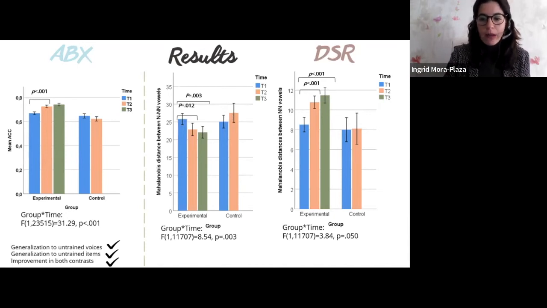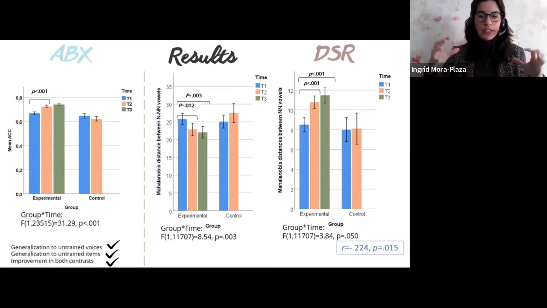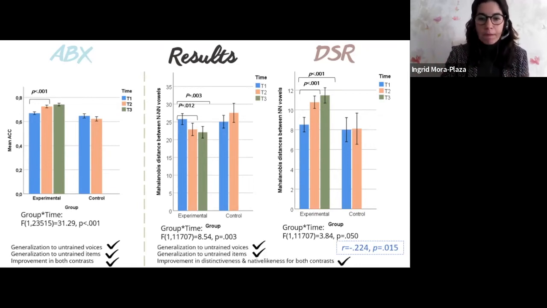So in fact, these 2 Mahalanobis scores correlated significantly, meaning that larger distances between the target vowels actually corresponded to smaller learner-native speaker distances. So the weakness of the correlation may be indicating that there is large inter-learner variability, which could be explained by a myriad of factors. So importantly, production of target vowels generalized to untrained voices and items, and this happens similarly for both vowel contrasts.